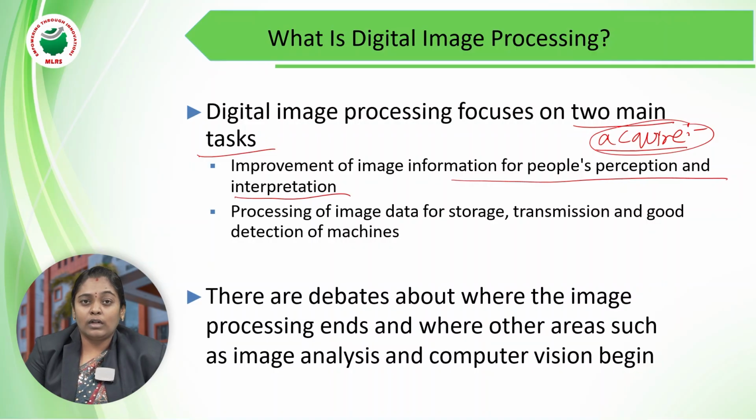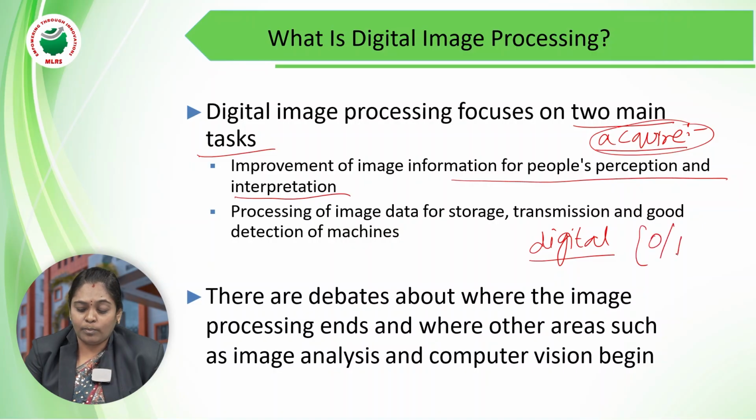As I have told you, an image in nature, we are considering only a digital image. As the image is digital in nature, it should be stored in the form of zeros and ones.